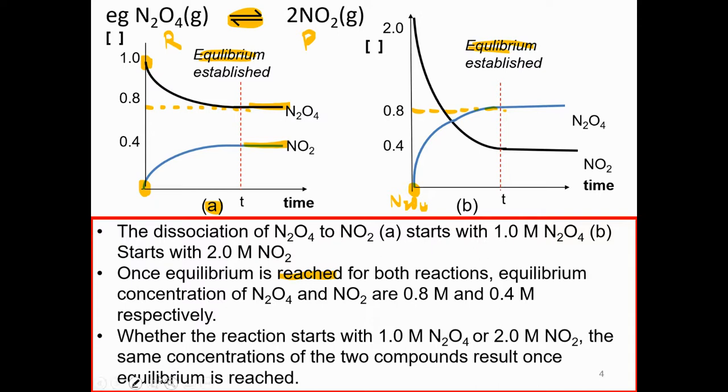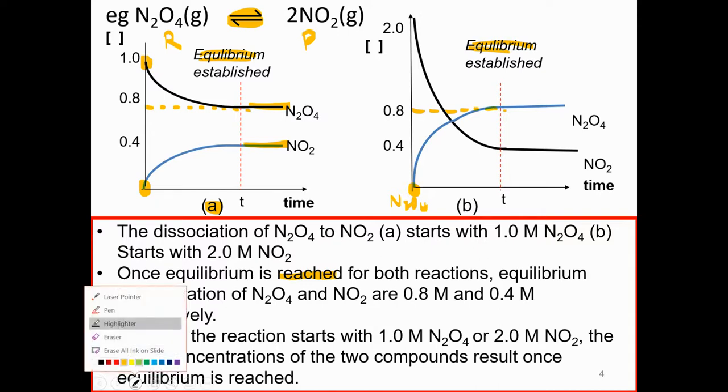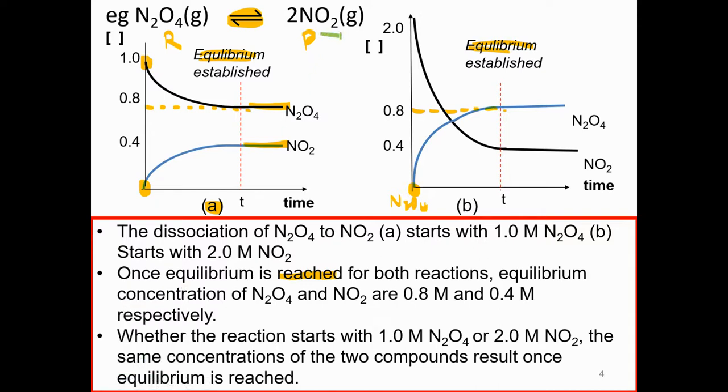Now let's look at another one, that is NO2. Like I just mentioned, it starts from 0 because it is a product, nothing is formed yet. So when it reaches equilibrium, it will be constantly 0.4. Because this is a reversible reaction, now NO2 becomes the reactant. So it starts with 2.